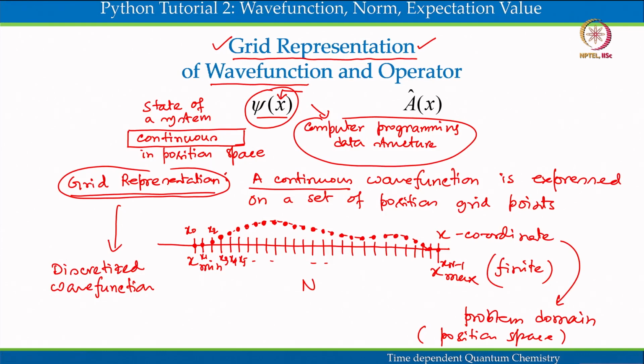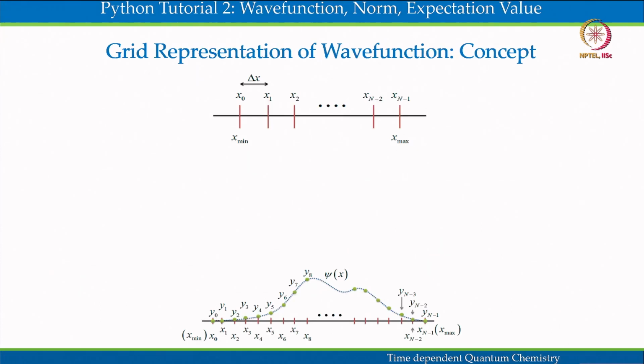To understand this discretization of the wave function further, we have to divide a certain range of the x coordinate. As I said, in computer programming I cannot take the minus infinity to plus infinity limit. I have to take a finite limit, x minimum and x maximum, so x has to satisfy x minimum less than or equal to x less than or equal to x maximum.